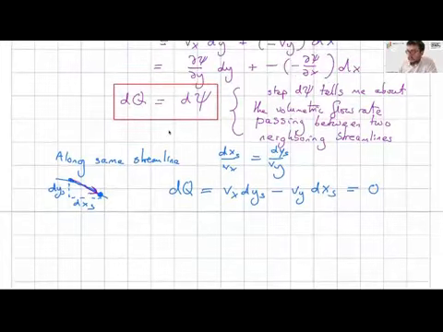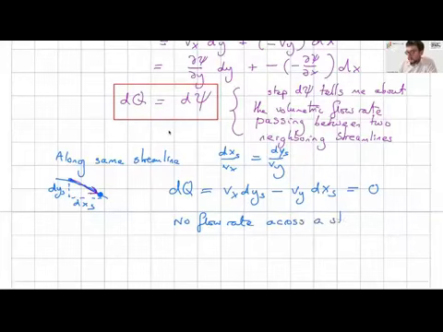And so sure enough, as we said in class, there is no flow rate across a streamline. And again, a streamline would correspond to d psi is equal to 0, or equivalently, psi is equal to a constant.